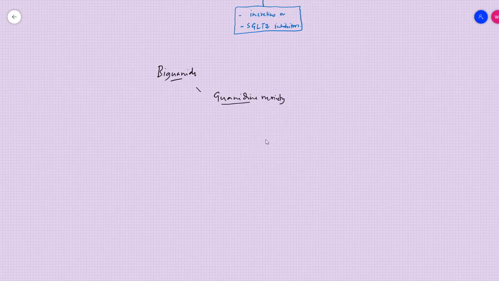And what's the structure of guanidine? Okay, so this is the guanidine moiety. And what is metformin then?